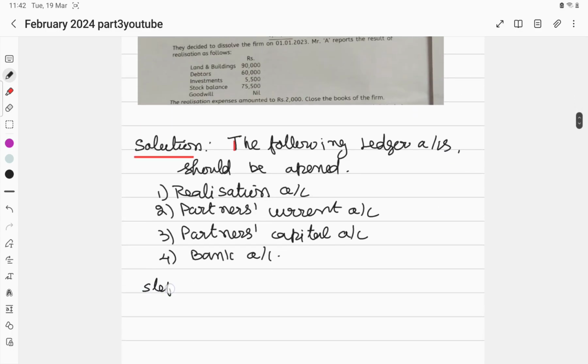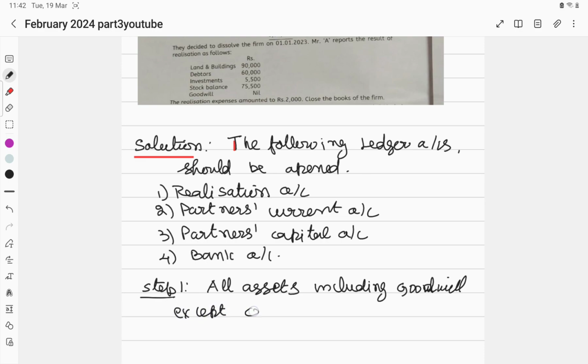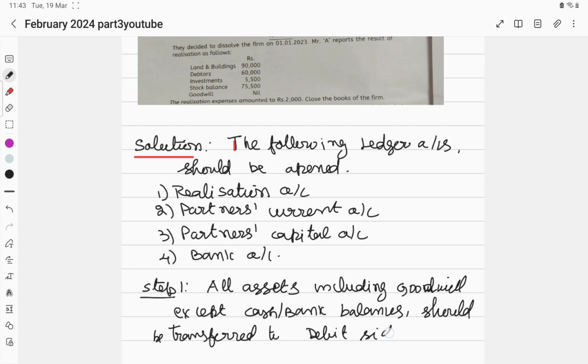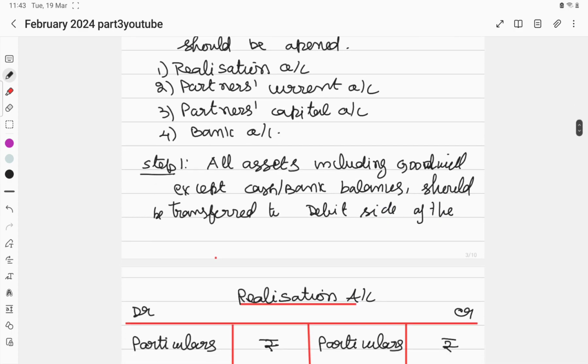Step 1, all assets including goodwill except cash or bank balances should be transferred to the debit side of the realization account.